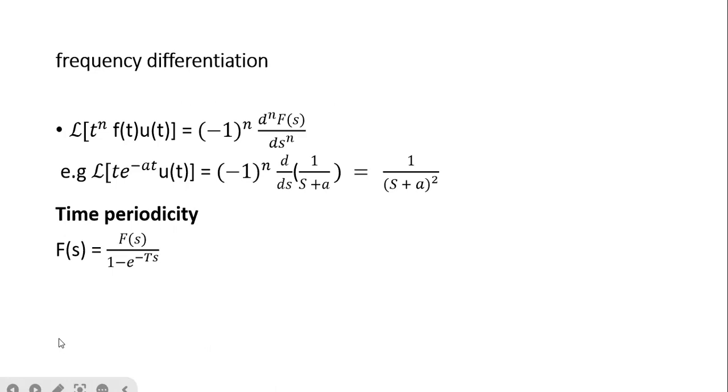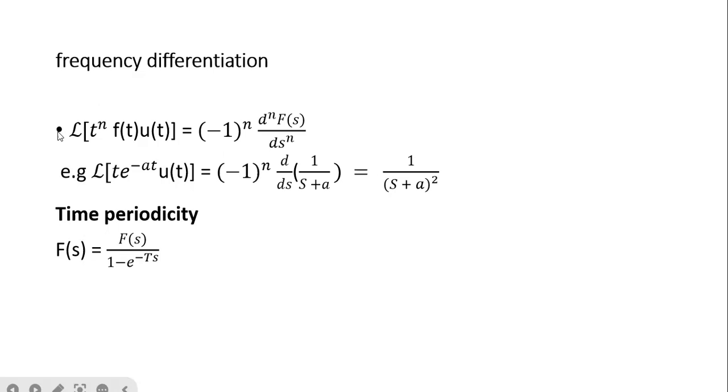Okay, now this is frequency differentiation. Now, of course, we have frequency differentiation. If we have the Laplace of t f(t) u(t). I know you noticed in the assignments you were given to try out, you have a function that looks like this, t. Now, here we don't have it raised to anything. But when you have only t here, it means t raised to power 1.